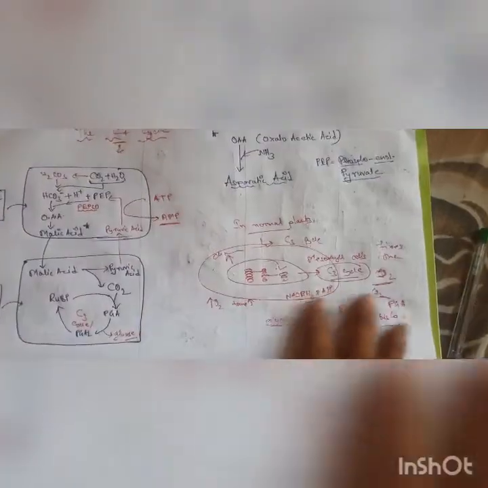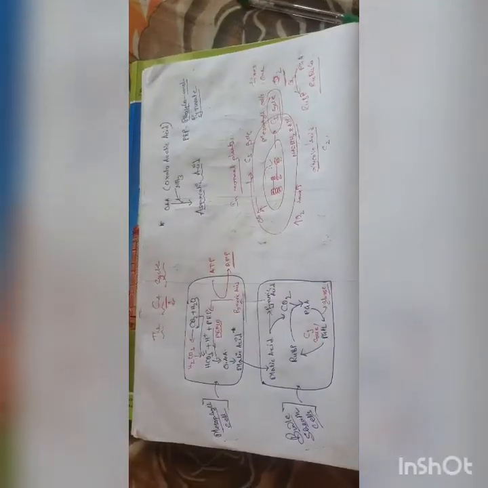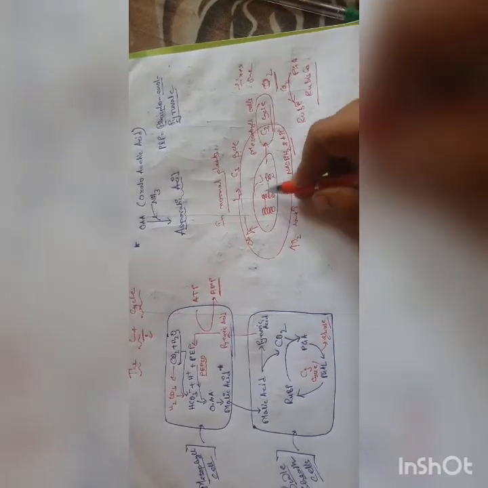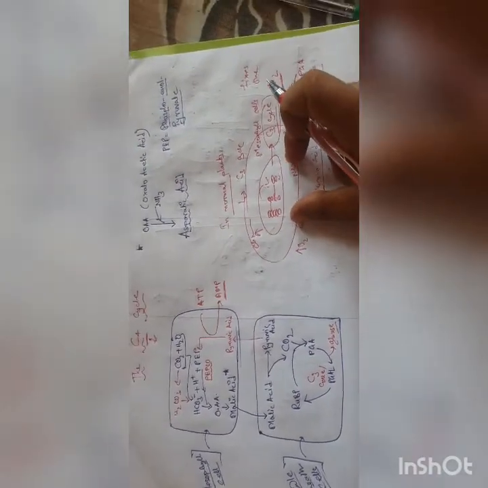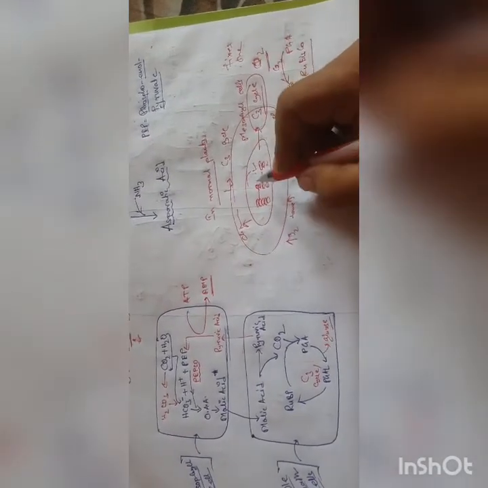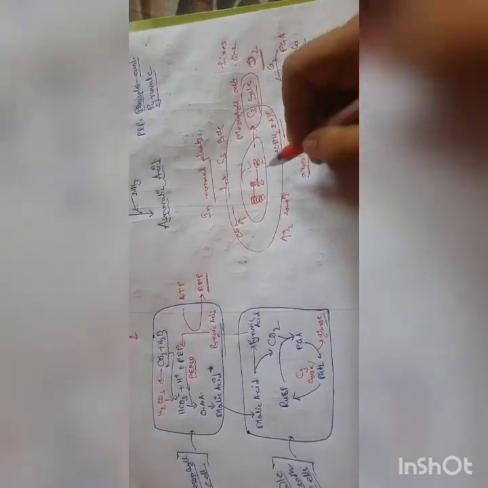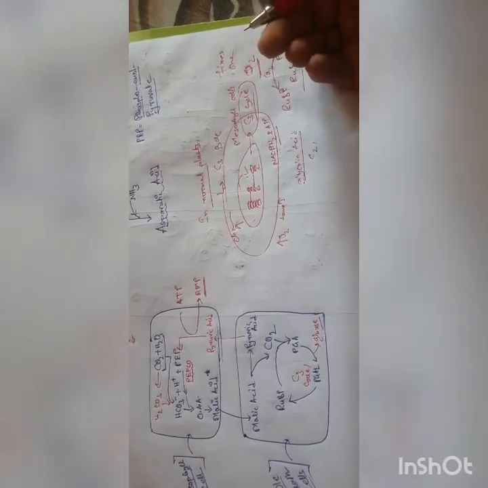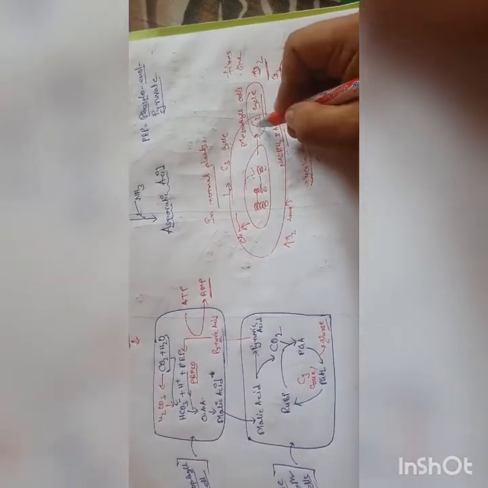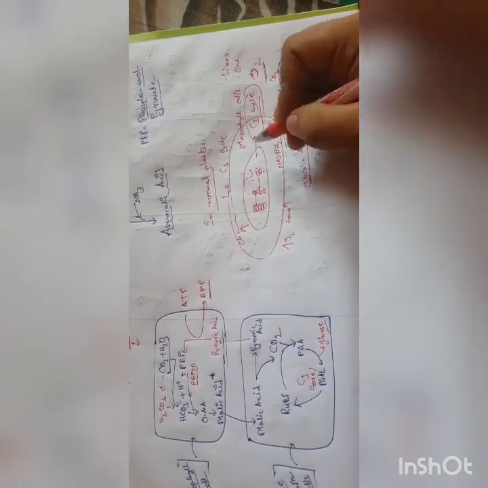Now, what basically occurs is that the entire C3 cycle and photophosphorylation, meaning making of NADPH2 and ATP, the Z scheme, the photosystems that you have learnt at the beginning of this chapter, occur in the grana, and the C3 cycle occurs in the stroma, in the mesophyll cells.